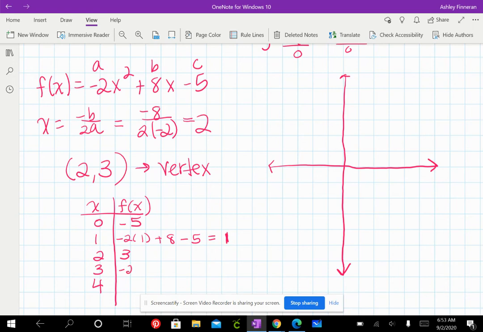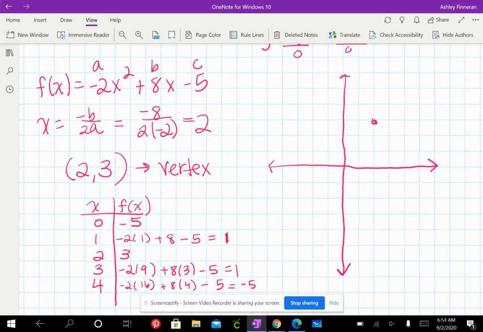So it's like you're checking your work. So negative 18 plus 24 is 6, minus 5 is 1. And then negative 2 times 16 plus 8 times 4, so that's negative 32 plus 32, which is 0, minus 5 is negative 5.